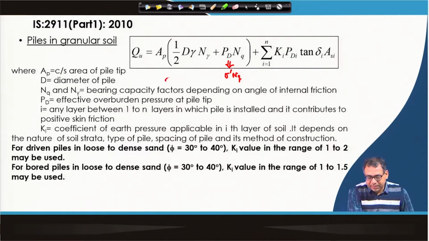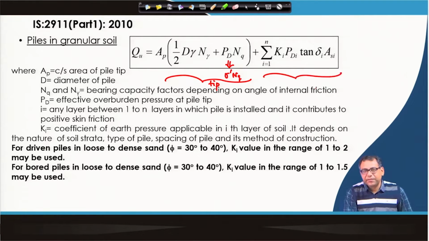So, this part is the tip resistance and this part is the summation of friction resistance offered by different layers, which is the same as the equation we have discussed. PD is the effective overburden pressure at tip and PDi is the effective overburden pressure at different layers, and Ki is the earth pressure coefficient at different layers.